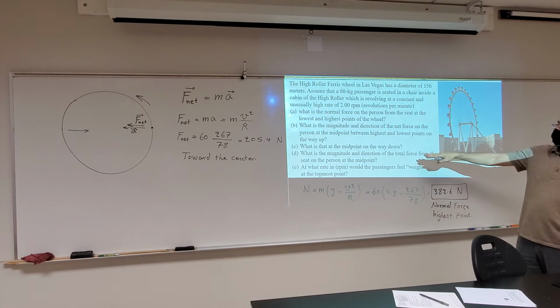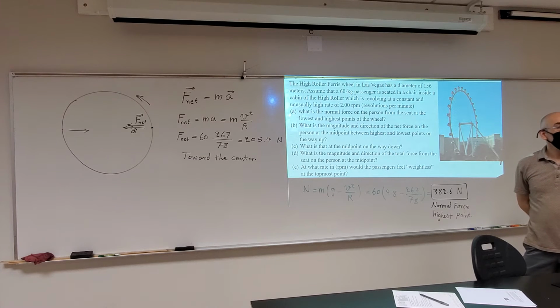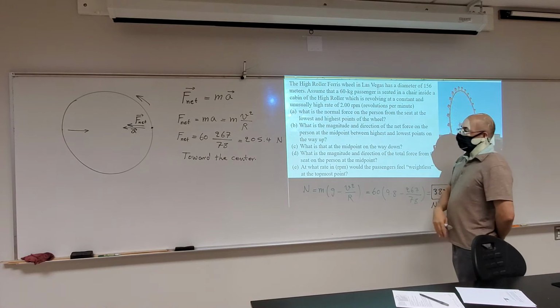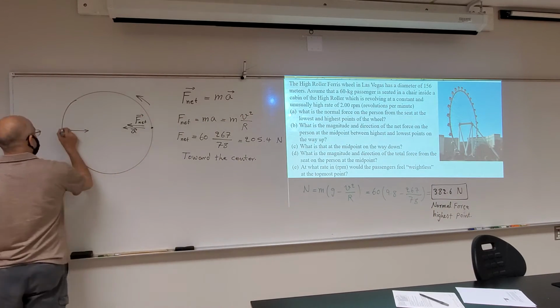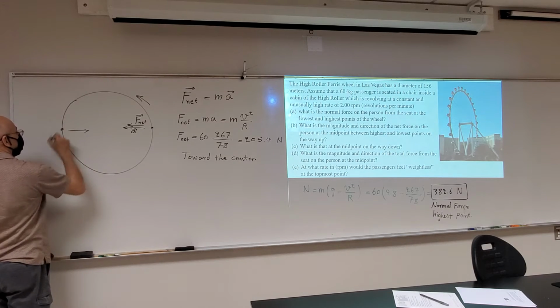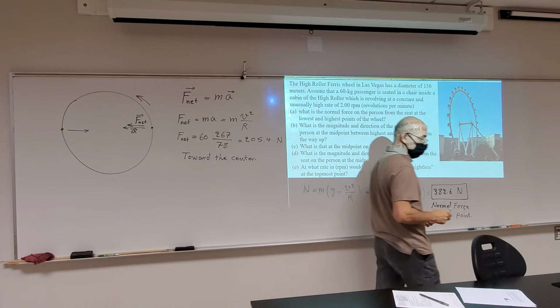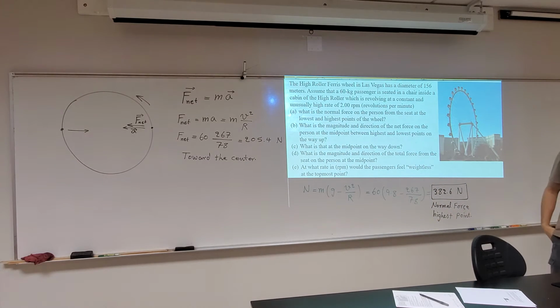Now it says, what is the magnitude and direction of the total force from the seat on the person at the midpoint? Let's say at this point, that's on the way down. How many forces are acting on the person?